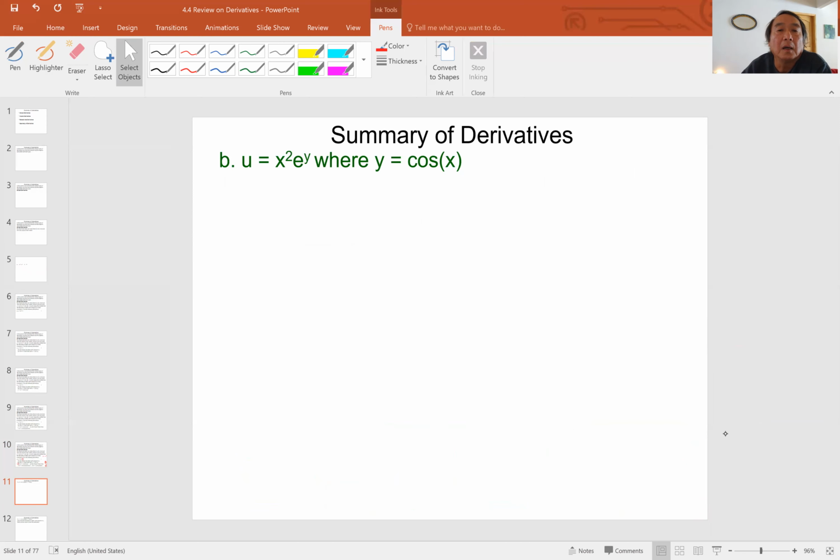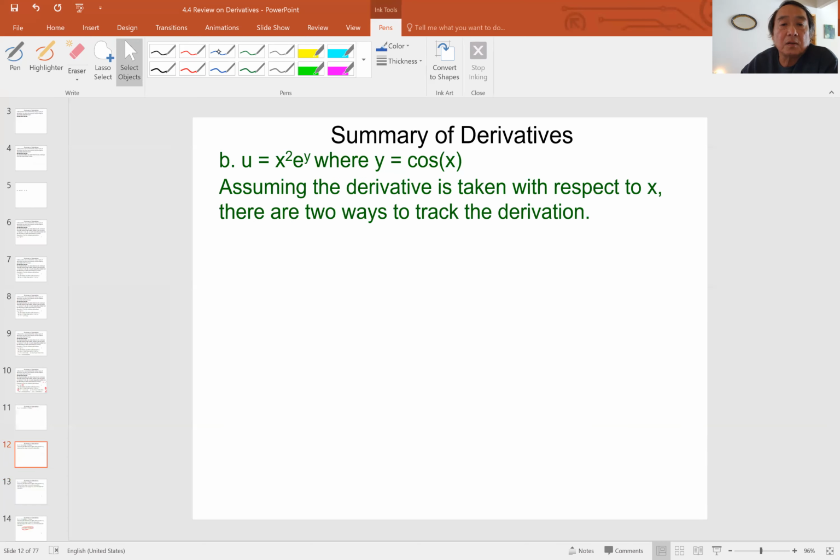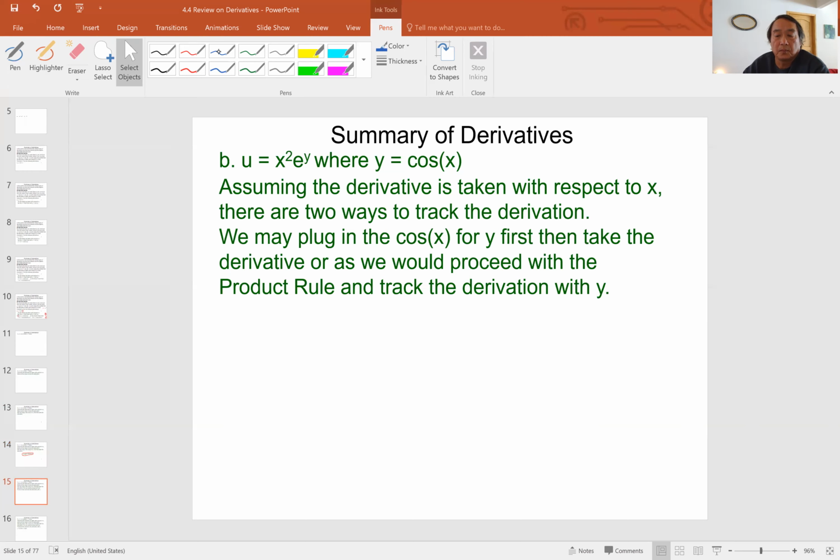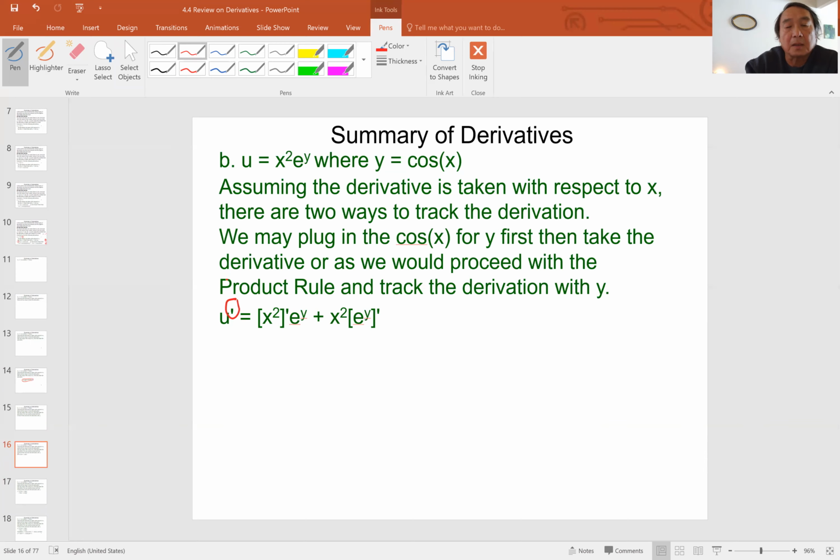Now, it's more on the chain rule. Suppose x is the input variable and y is a function of x, in particular cosine x, and u is the output. I want to find du/dx, so I'm going to find u prime. Notice again, because we designate x as the input variable, the derivative is automatically with respect to x.